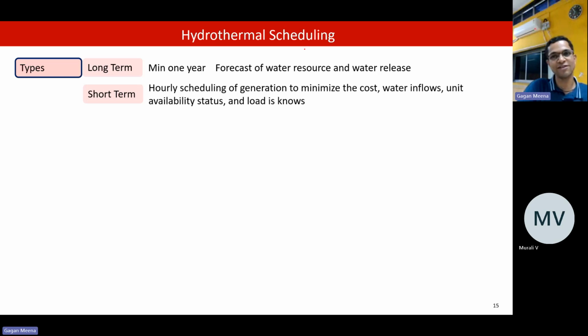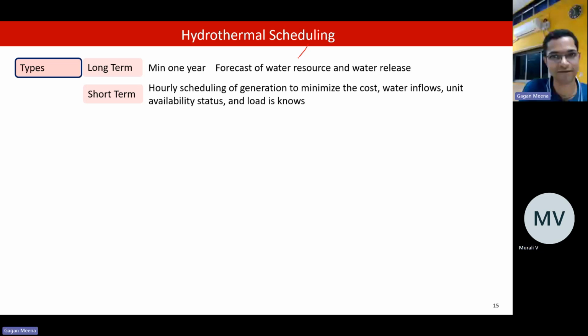So hydrothermal scheduling is of two different time scales. One is long term and one is short term. In long term, we need to see the forecast of water resource and what will be the water release.